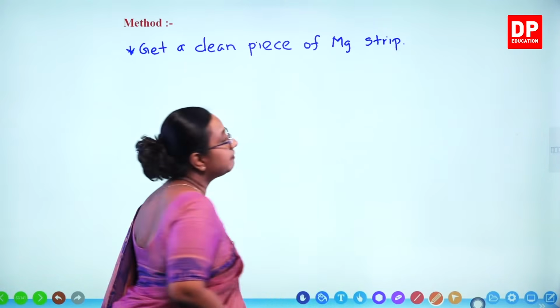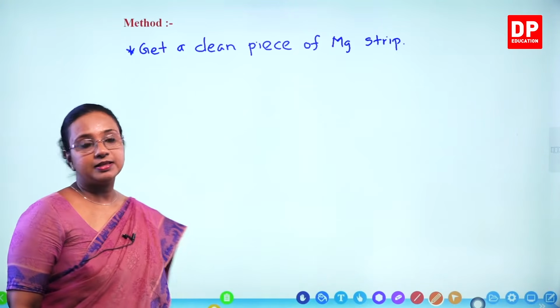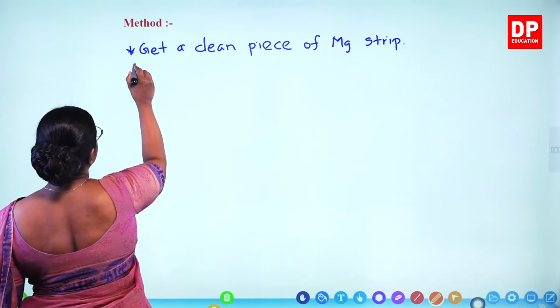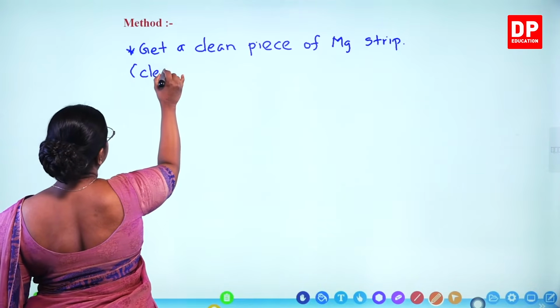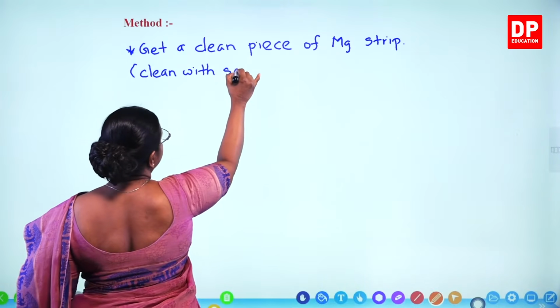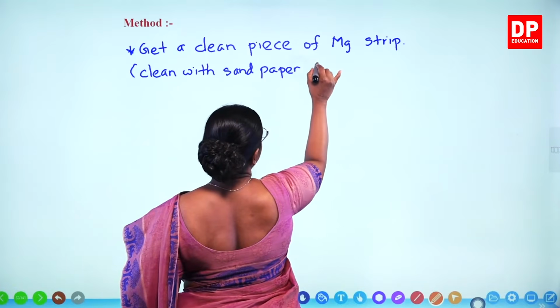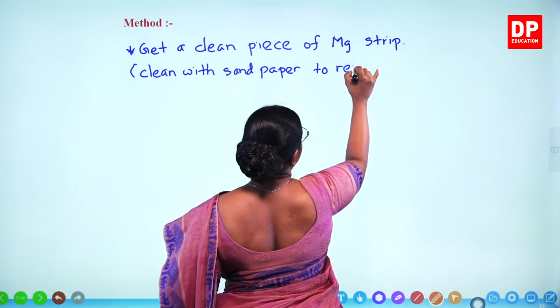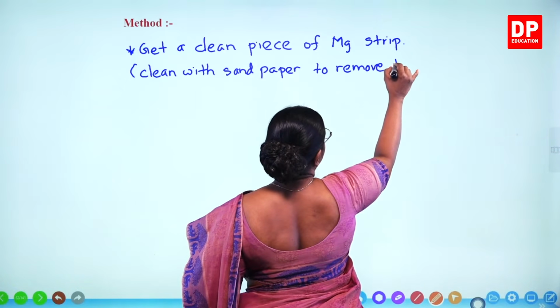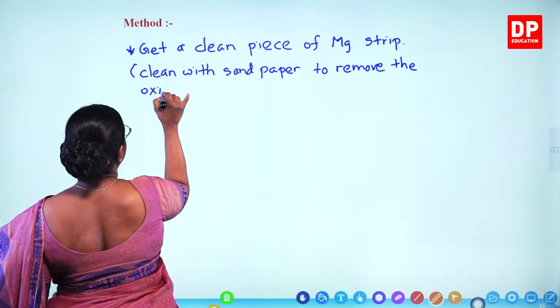So, if you have a clean strip it is fine, otherwise clean with a sandpaper to remove the oxide layer.